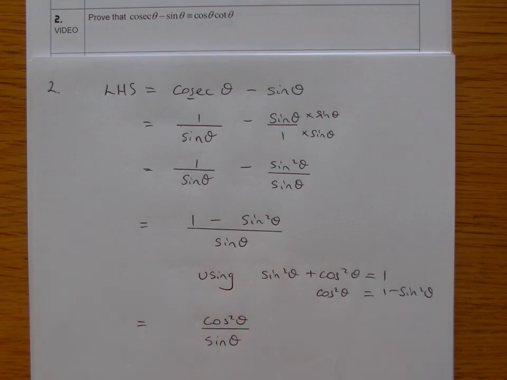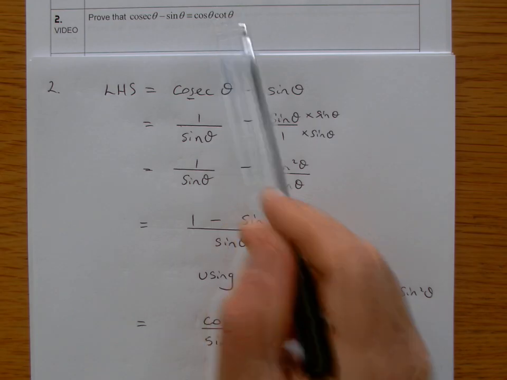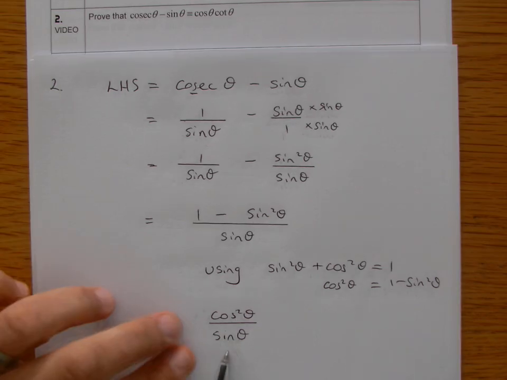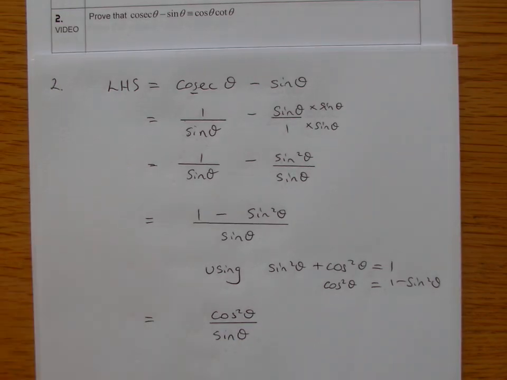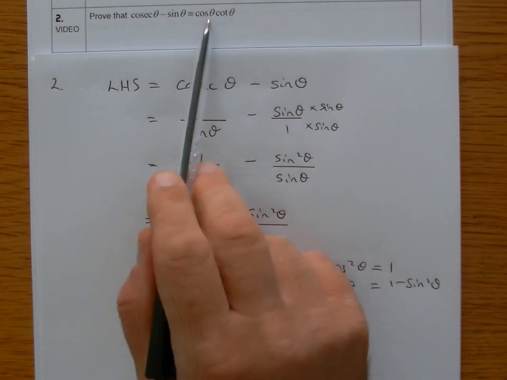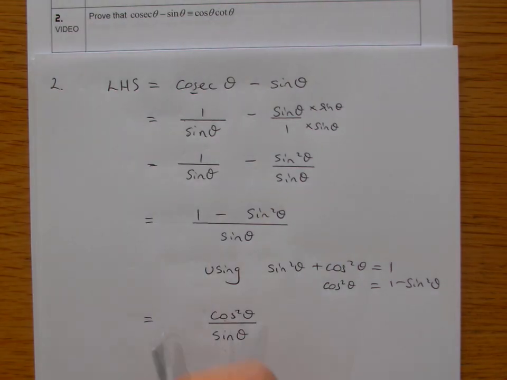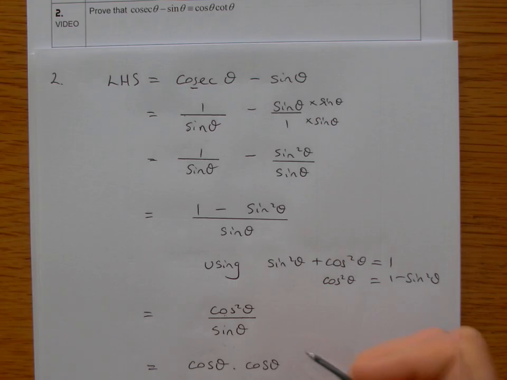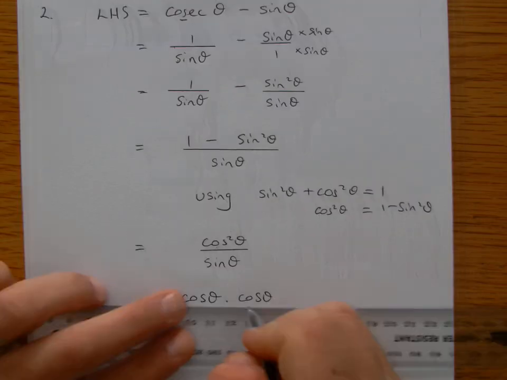Now, we want to get the right-hand side, which is cos theta cot theta. You've got to look at how you can manipulate these expressions sometimes. We've got it as a single term, but we need to think, well, we've got a cos theta here, and this is cos squared theta. So what I could do is split this top up and think of it as cos theta times cos theta, but then just put the sine theta underneath that cos theta.